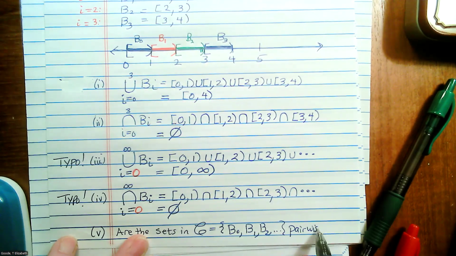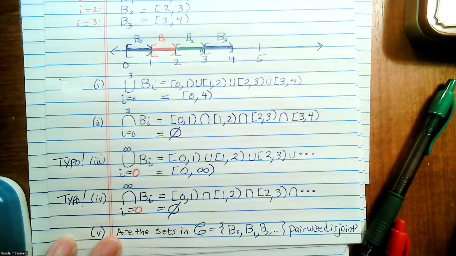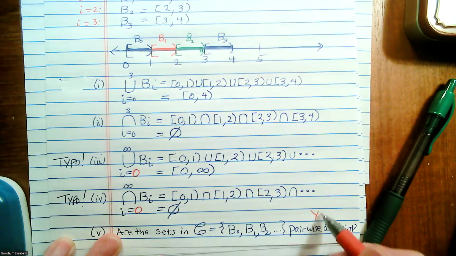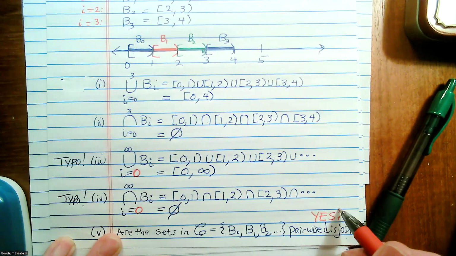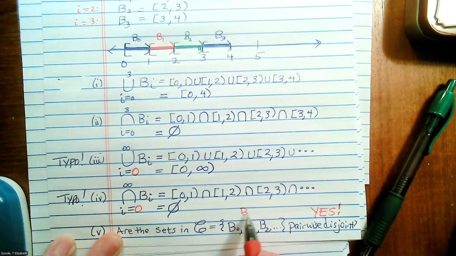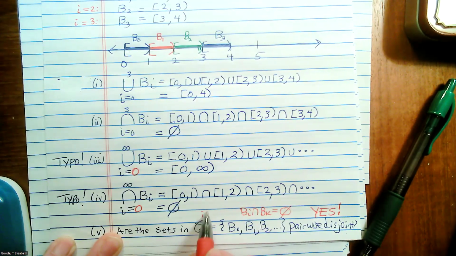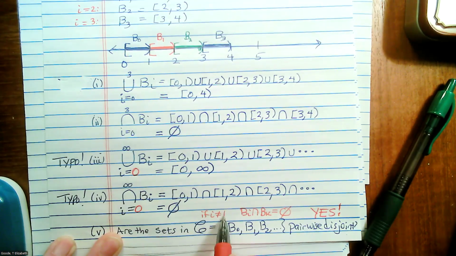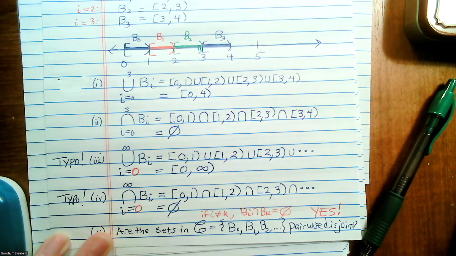Absolutely, because if you take any two of them, B sub i intersect B sub k is empty if i is not the same indexing variable as k.